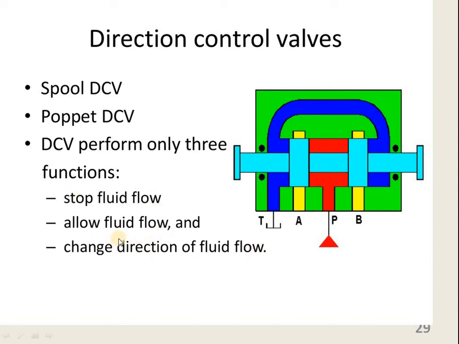These three functions are executed by any DC valve, whether it is a spool type or a poppet type. You can stop the flow of fluid in the system, allow the flow of fluid, or change the direction of the fluid. These are the main three functions executed by DC valves.